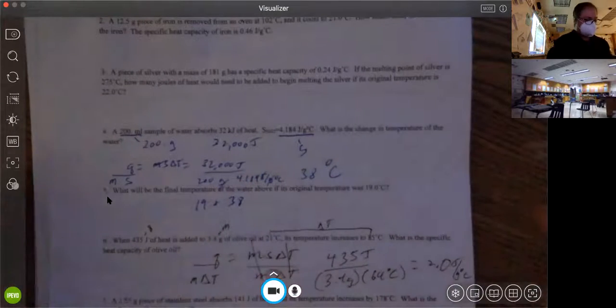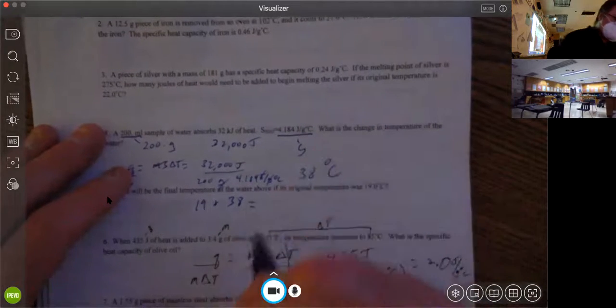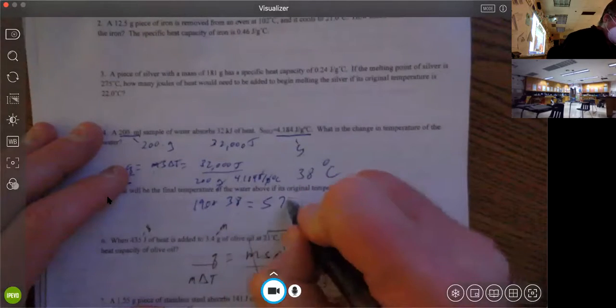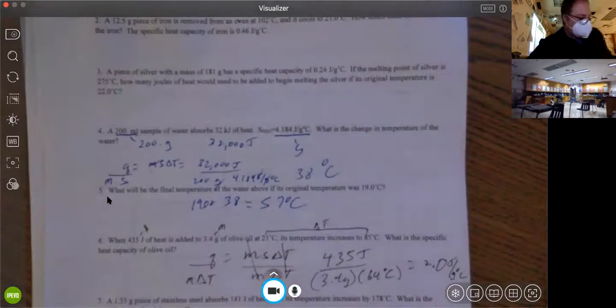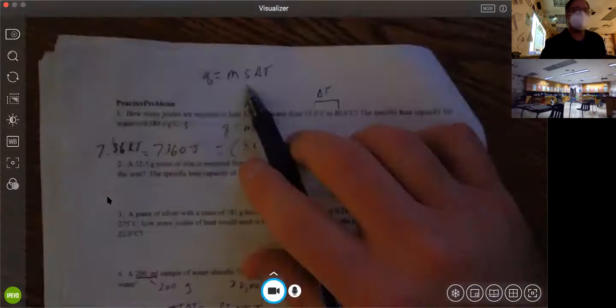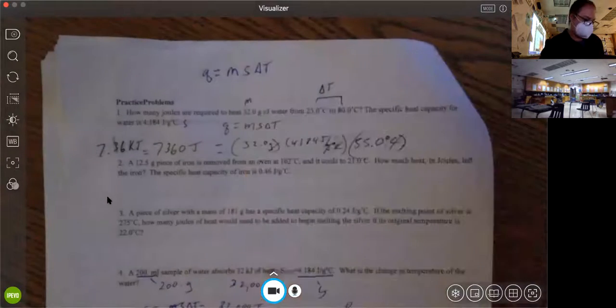What do we get there? 57 degrees Celsius. So that is a simple Q equals MS delta T problem.